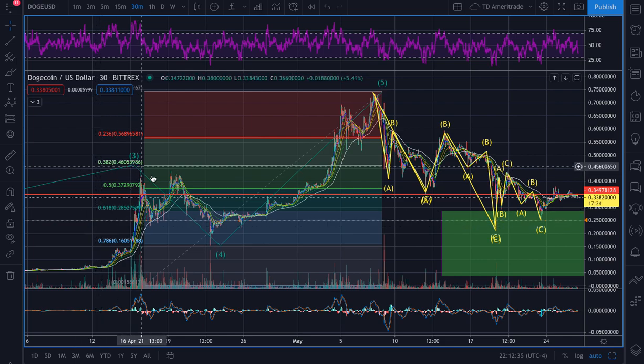are that there are 5 impulse waves up, followed by a correction to usually about 50%, or actually usually to about 70-some percent. That is about the 0.786. This is a Fibonacci line, and you can look up Fibonacci.